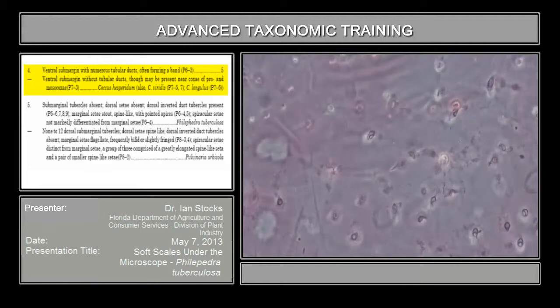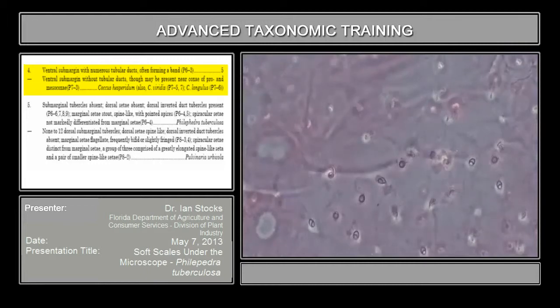And the comparison structure there is in figure 3 of plate 6. For the genera that I see, the morphology of those ducts right in this region, what they call a cup-shaped invagination, is characteristic for this genus. This is Philephedra.